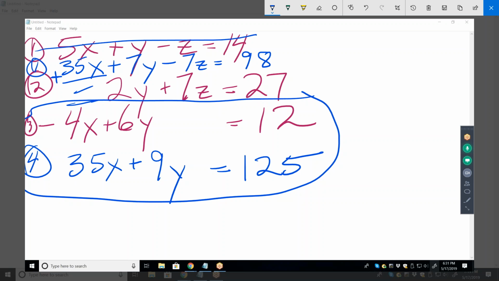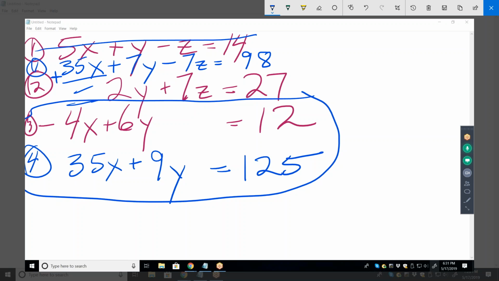Now, I have 2 equations here. Not that easy to solve, or not that easy to eliminate a variable. What do I have to do? Nah, don't even think about substitution when you're looking at a system of equations that are both in standard format.